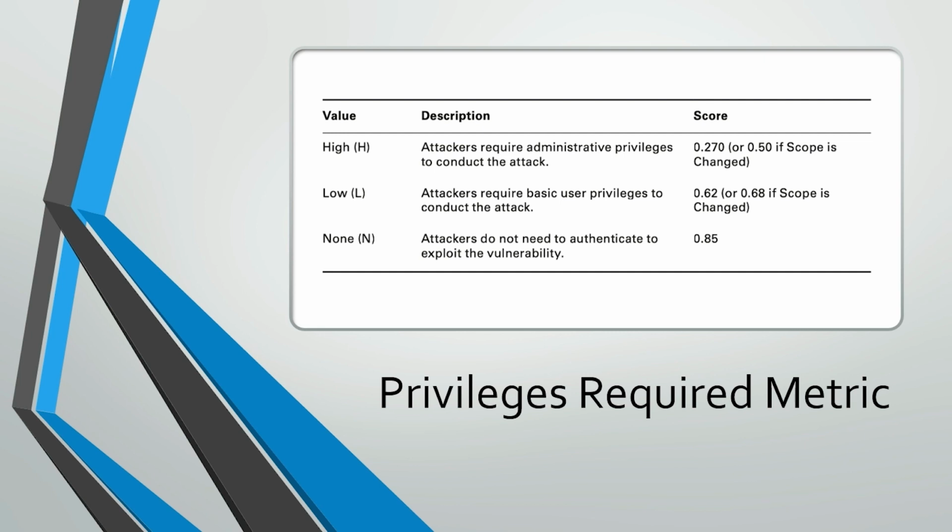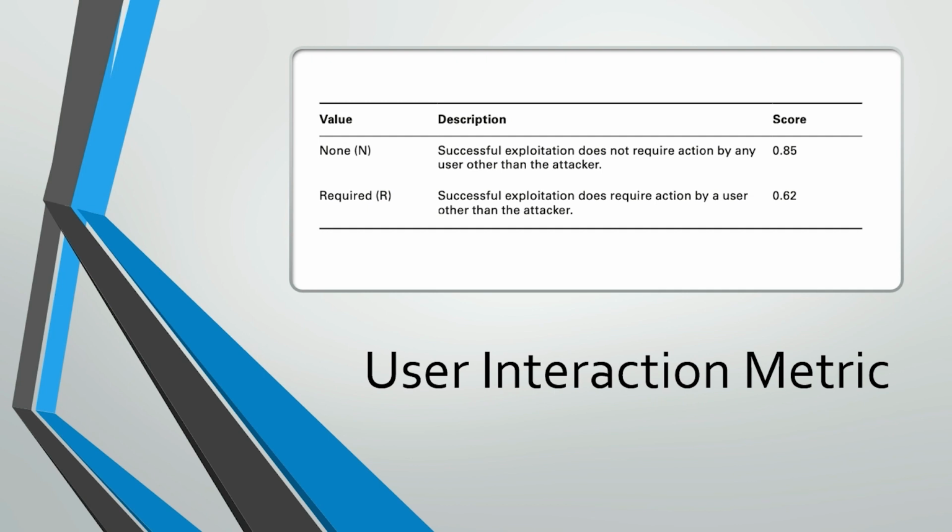Up there at 0.85. User interaction: no user interaction. Successful exploitation does not require any action by any other user than the attacker. Required: it requires action by a user other than the attacker. Again, that old Tomcat server exploit, right? The end user requires no interaction for it, okay?